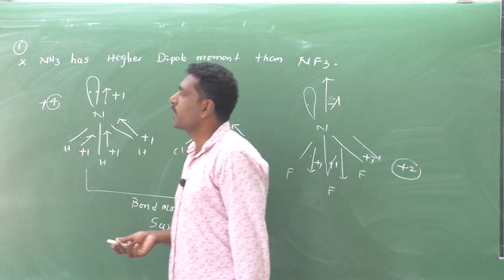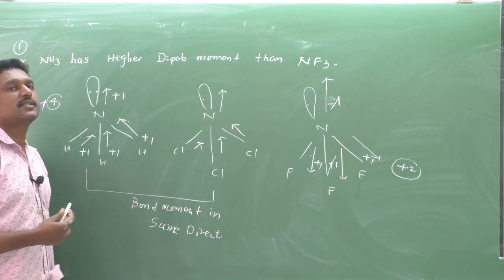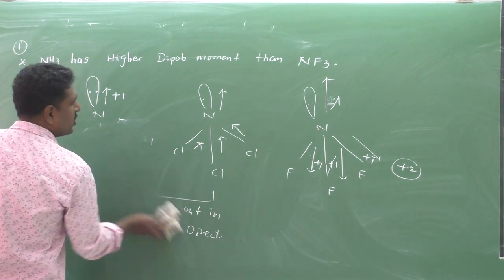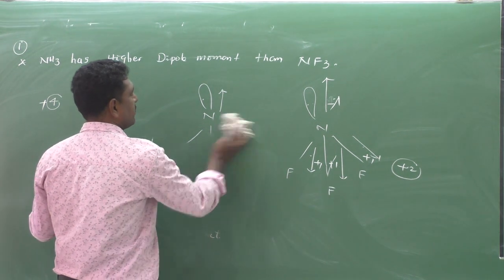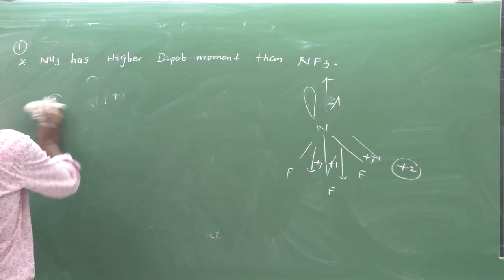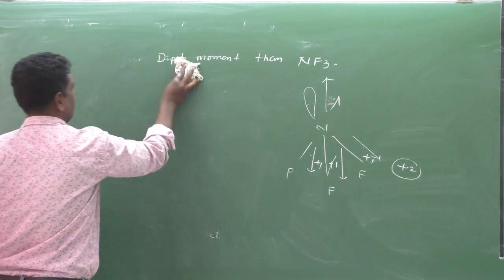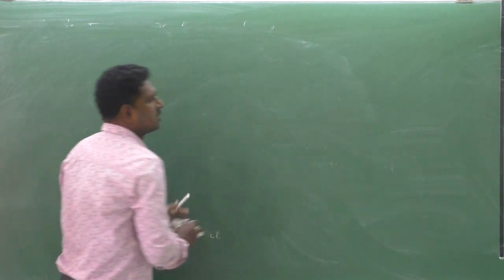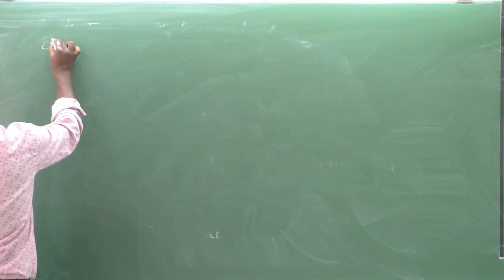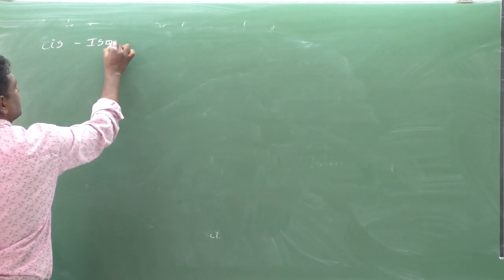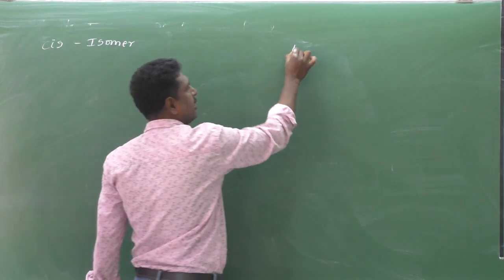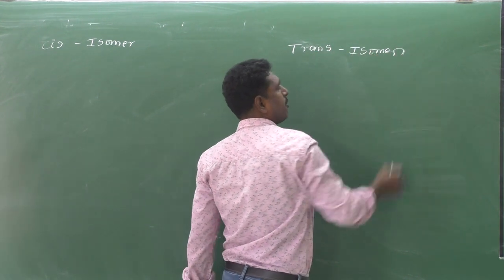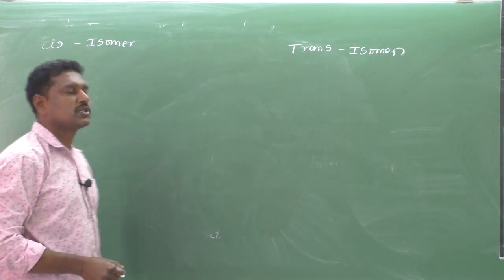After that, the second one is cis and trans isomers. Cis and trans isomers can also be separated. For example, cis isomer and trans isomer, I will explain here.